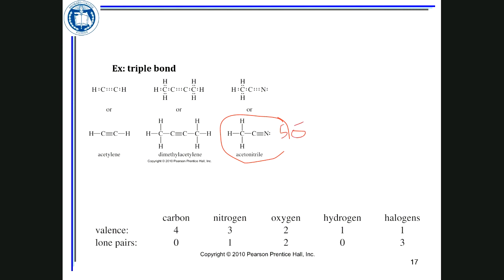How many pi bonds? 2 pi bonds. And we have 1 pair of unshared electrons on nitrogen and no unshared electrons on carbon or hydrogen.